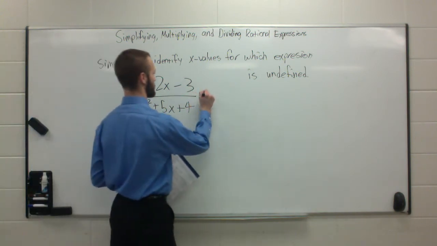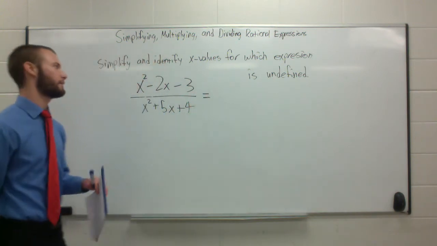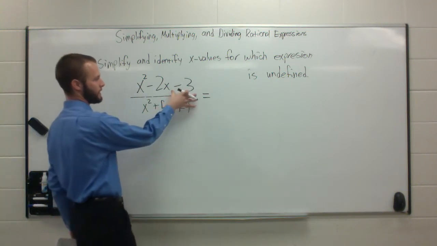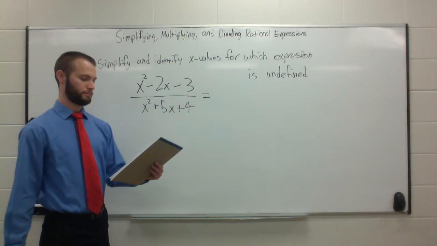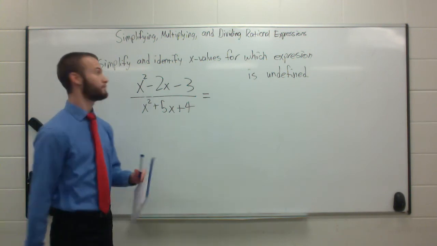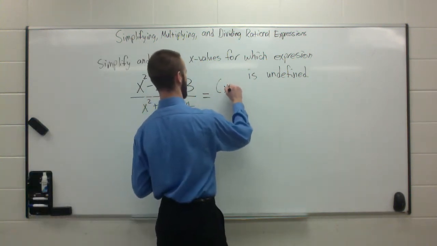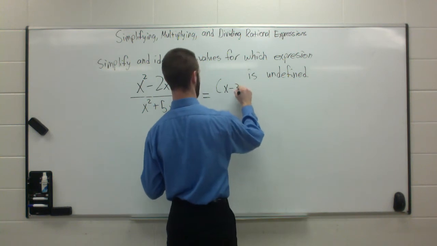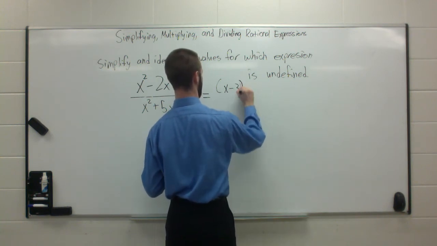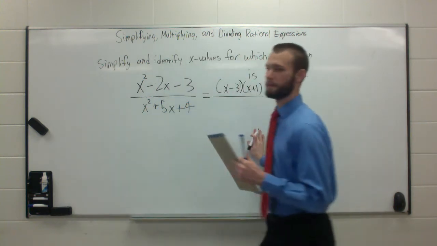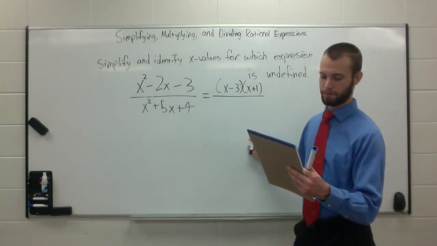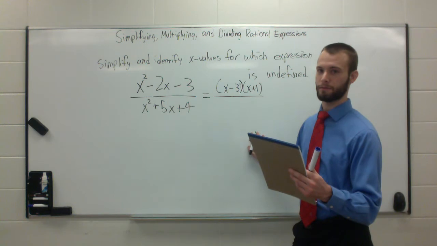But first we need to factor both the numerator and the denominator. What multiplies to negative 3 and adds to negative 2? Did you get it yet? This should factor to x minus 3 times x plus 1, and the denominator would factor to, did you get it yet?